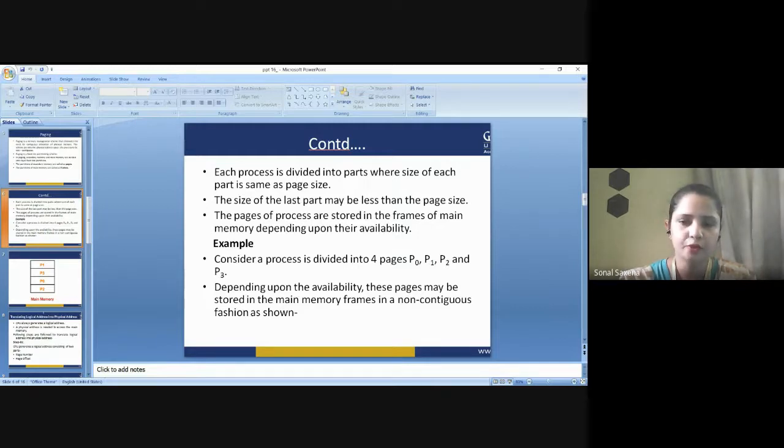On the basis of the availability of space, I am going to store these individual pages, P0, P1, P2, P3, in the memory frames, the main memory partitions which we call frames. One important thing is that on availability, they will be loaded inside the main memory in the frames.